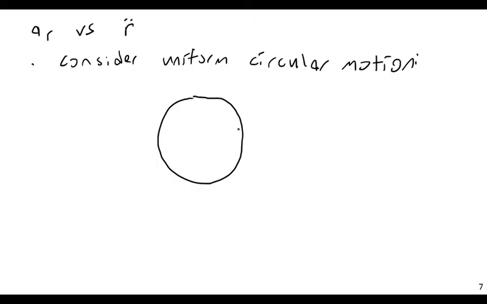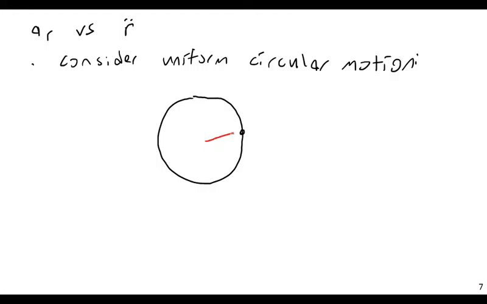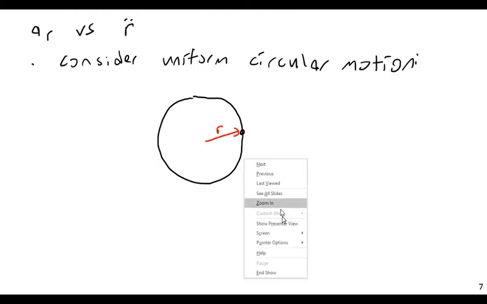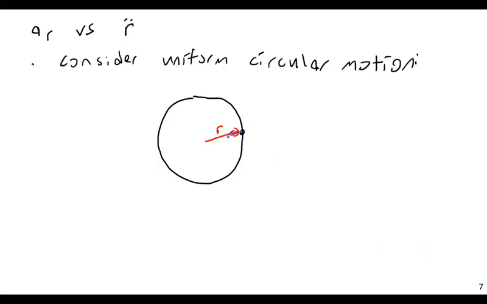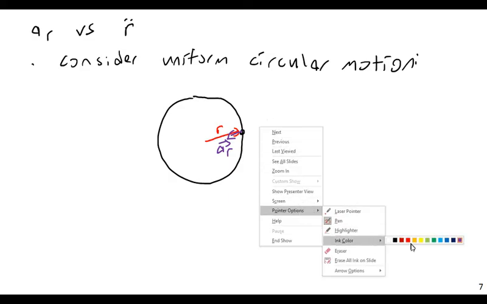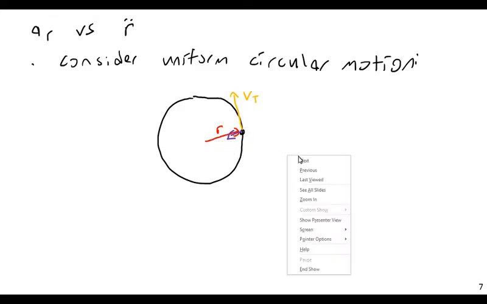I have a particle here, and there'd be an R like there, and my AR would have to point in the radial direction, right? This is what's going to produce the centripetal acceleration. It would have a tangential velocity like this, and there needs to be some acceleration to produce that.